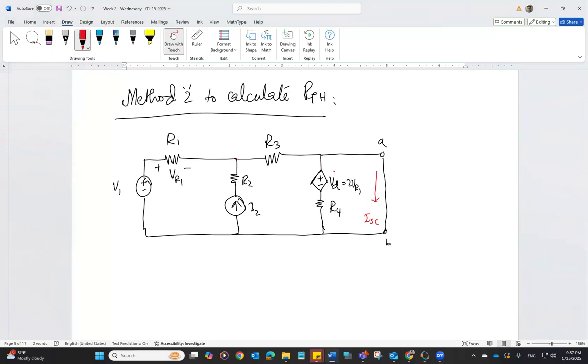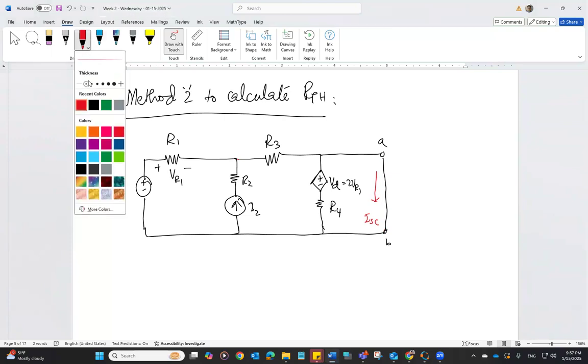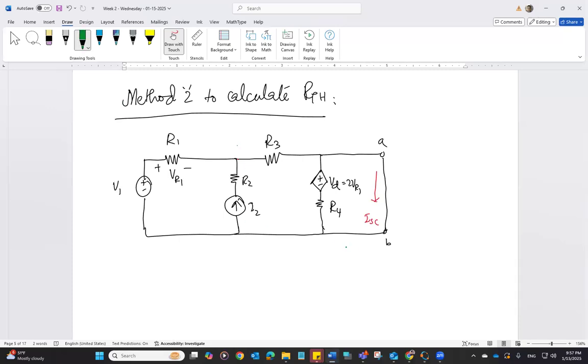So we'll have to apply KVL. And with KVL, actually, since this branch is a common branch that has a current source, therefore we can apply a super mesh.